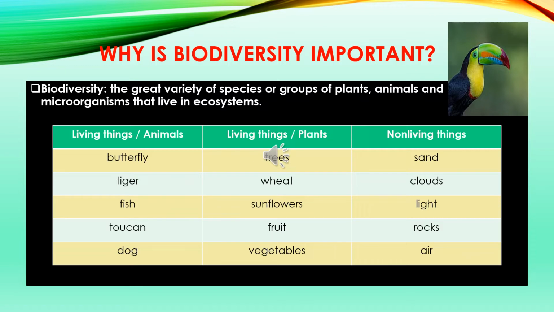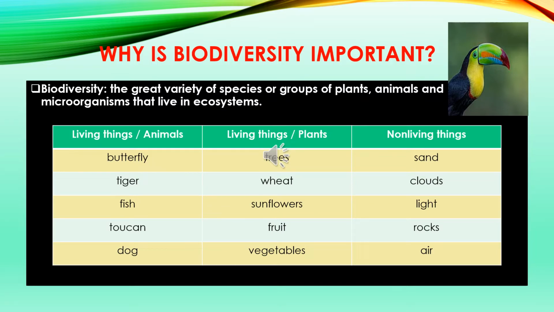And here I have a chart for you. Remember that we were talking on the previous page about living things? We said that living things can be unicellular and multicellular. Here we have living things, and then we have the word animals. Butterfly, tiger, fish, toucan, duck.